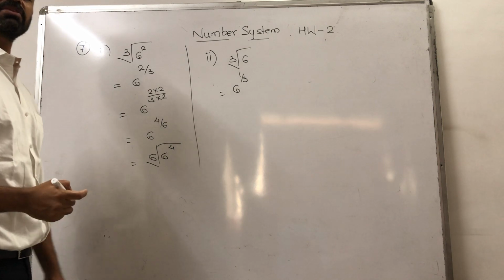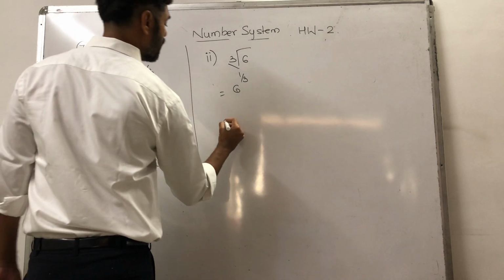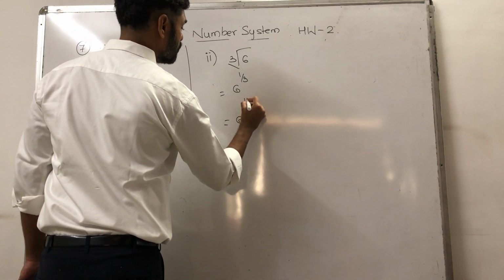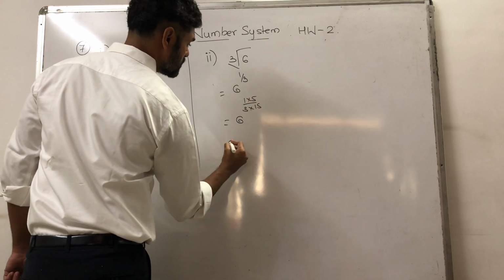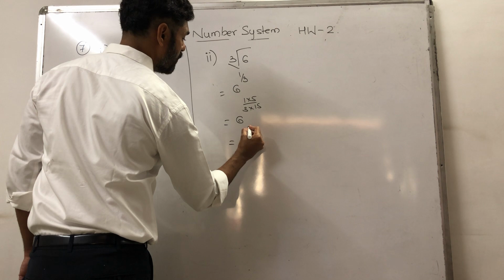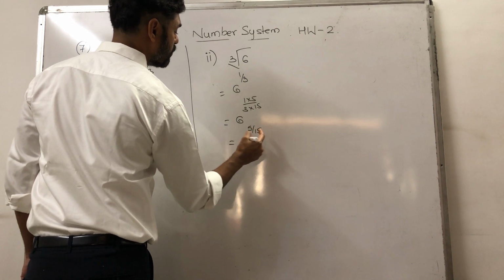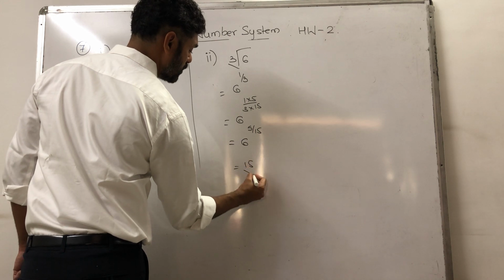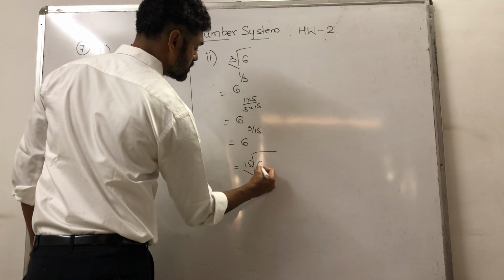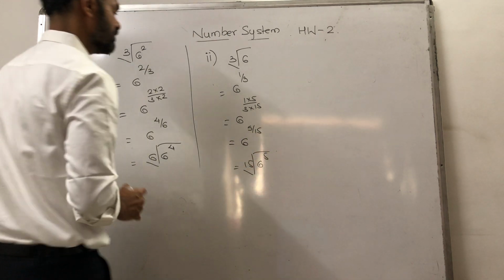What will you multiply with 3 to make it 15? 5. So you multiply 5 to the numerator and denominator. So this becomes 6 to the power 5 by 15. Now because I have 15 in the denominator in the exponent, it is a 15th order. And now this will be 6 raised to 5.